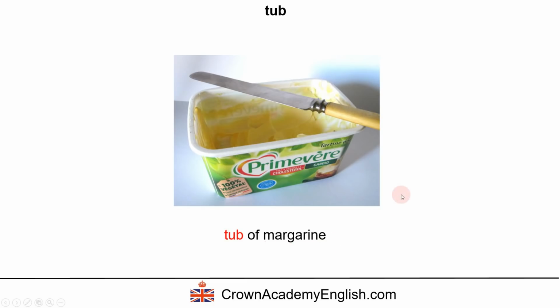Okay, so we say ice cream tub or margarine tub or a butter tub. Okay, so it's a small plastic container in which we put food. Okay, so this one is margarine, a tub of margarine.